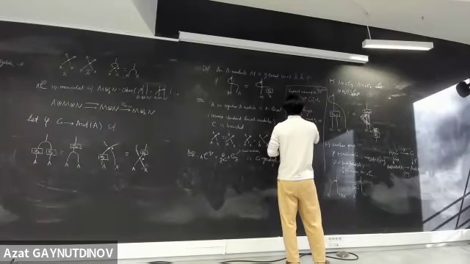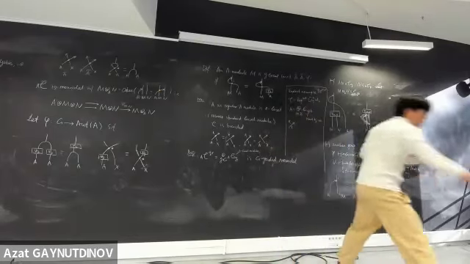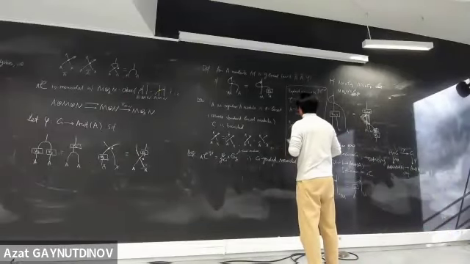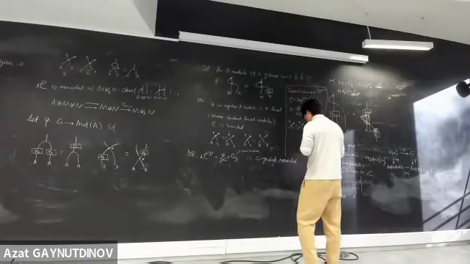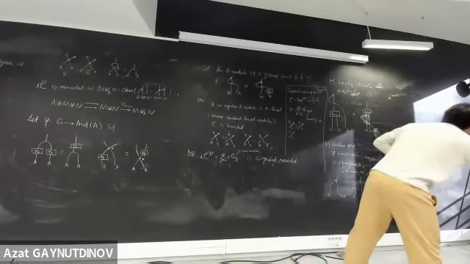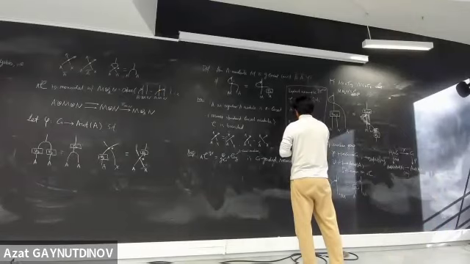So now I want to set my orange half braiding to be just the braiding, and I want to use my green half braiding to be the permutation.